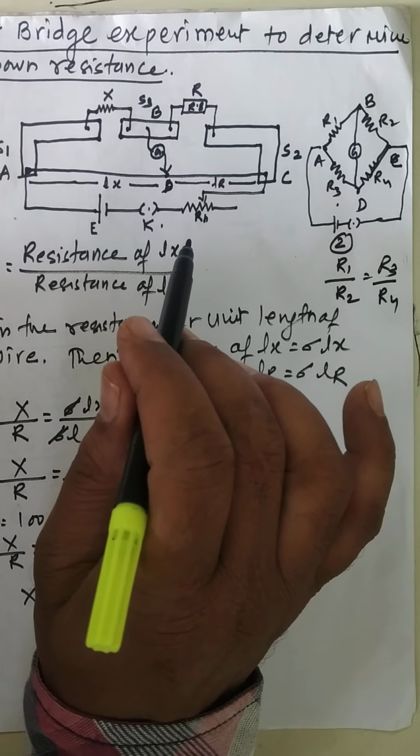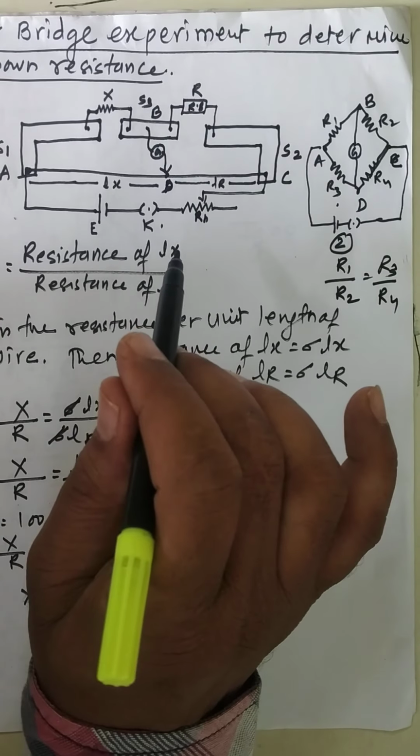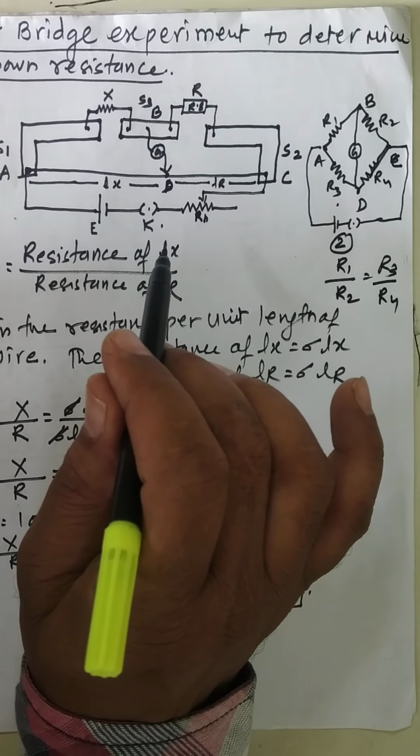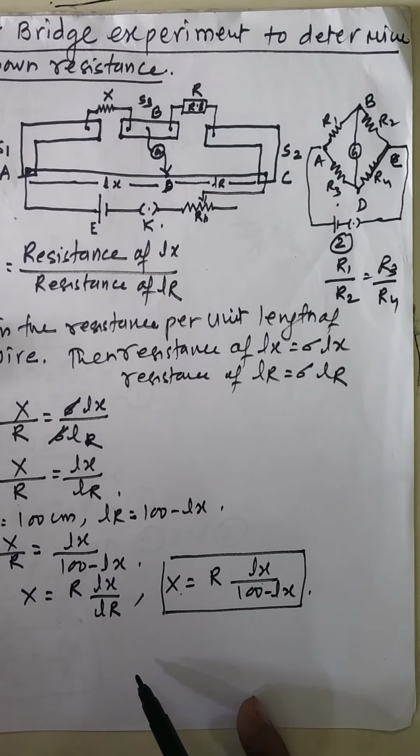And reading should be accurately measured. So this is the formula to determine the unknown resistance X using the meter bridge apparatus. So thank you.